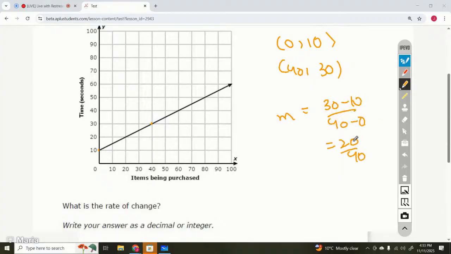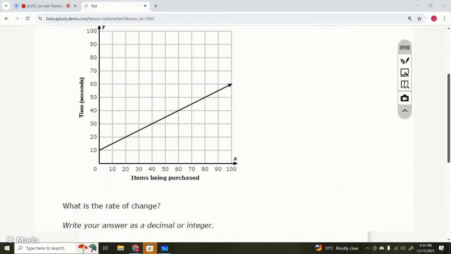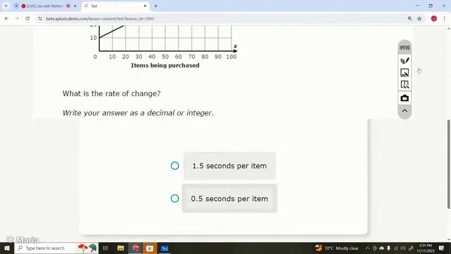That is 20 divided by 40. So the slope is equal to 1 by 2. So the slope is 0.5 seconds per item.